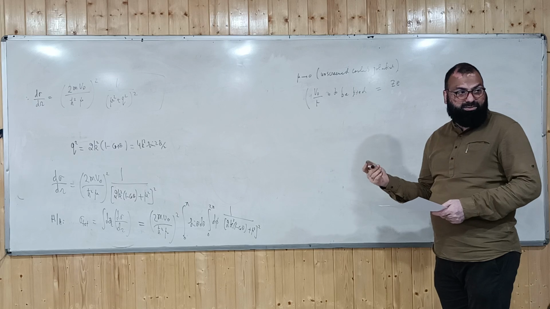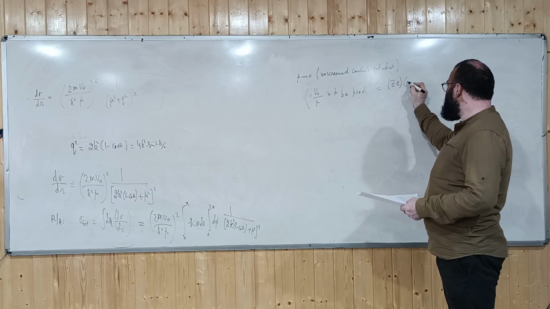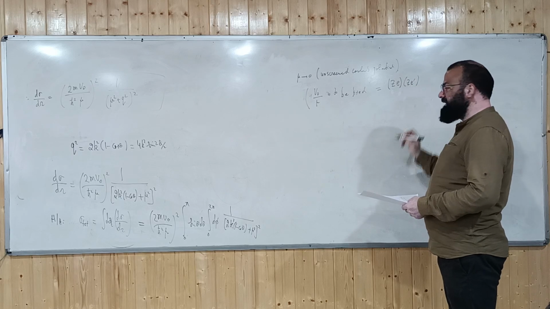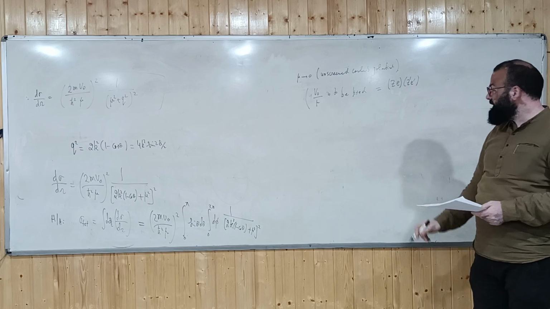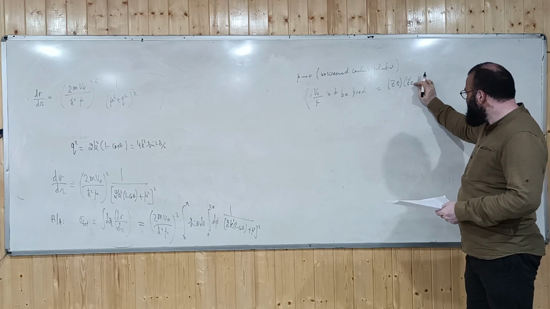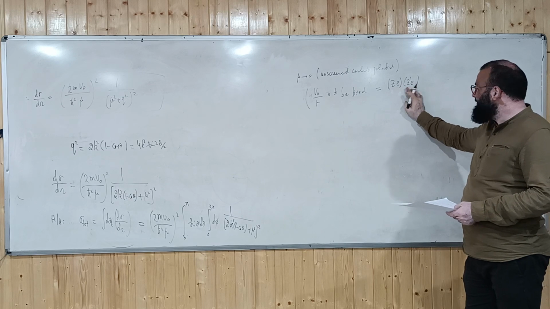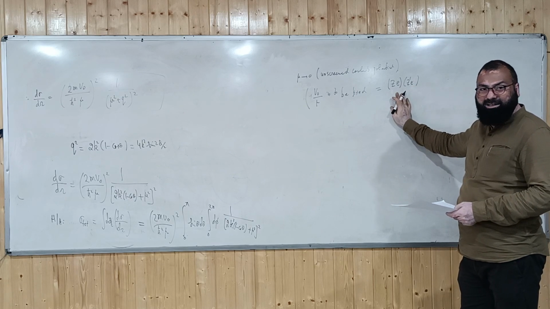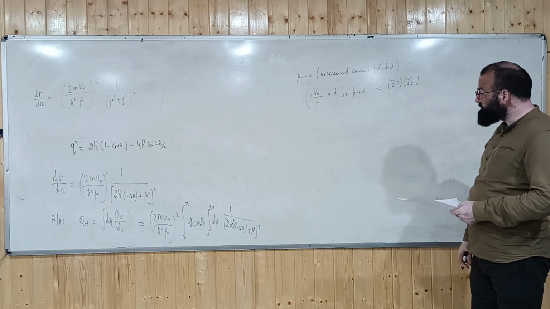Z is an integer, multiplied by Z prime E. Z prime E is the charge of the scatterer, and ZE is the charge of the incoming particle. Got it?